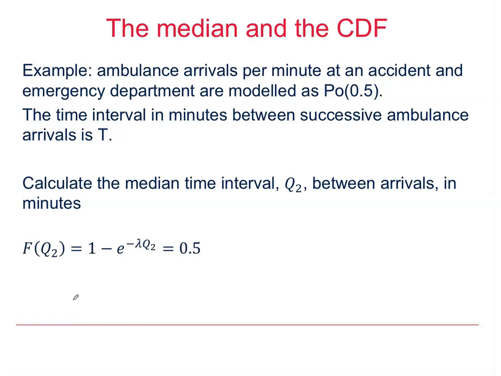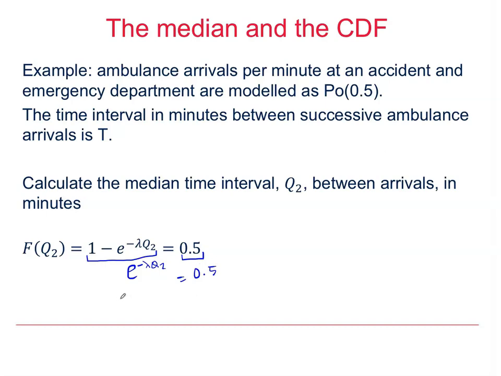The formula that we looked at on the previous page then, here's our formula for the CDF, and we're going to allow that at the median value of q2 to be 0.5. We can rearrange this a little bit, and we've got e to the power minus lambda q2 is going to be equal to 0.5.